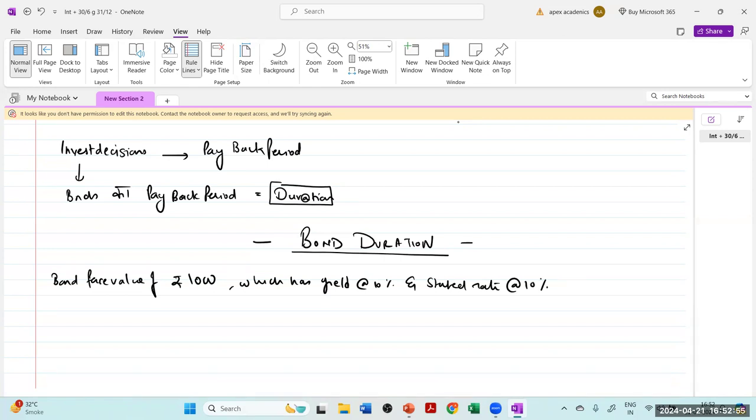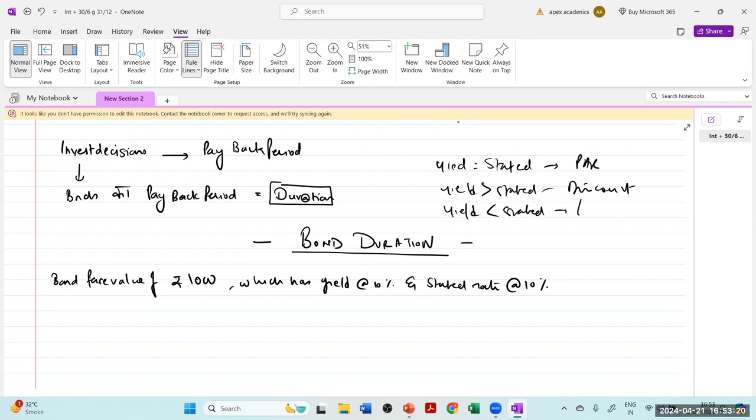Please tell me, will this bond trade at par, at premium, or at discount? Where yield is equal to stated, you are always at par. Where yield is greater than stated, you are at discount. Where yield is less than stated, you are at premium.